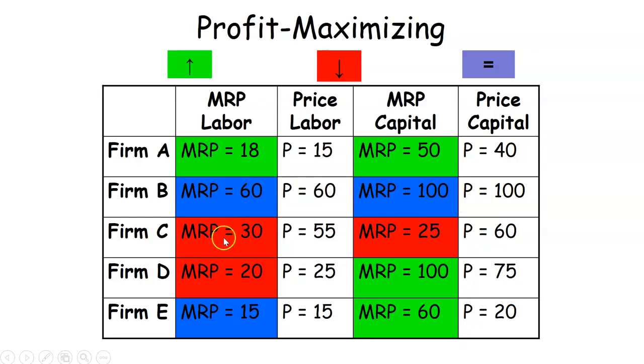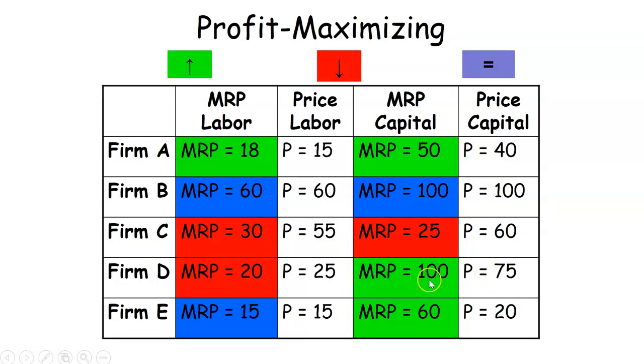Firm C, we want to decrease both labor and capital. By decreasing the amount we're using, that's going to increase this number. Same thing over here. Firm D, 20 is too low. We want to get it up to 25. So because it's too low, we're going to decrease the amount. By decreasing the amount, it raises the MRP.